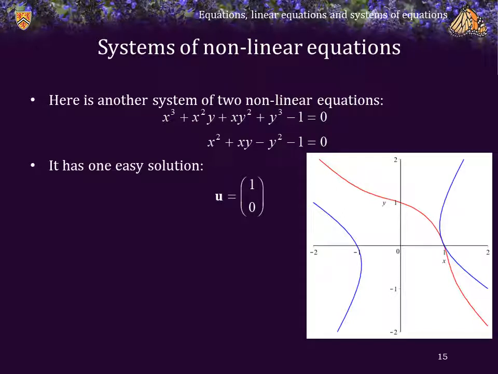There is one solution that is easy to find that is a simultaneous solution to this system of two nonlinear equations, and that is the vector u equaling 1, 0. So x is equal to 1, y is equal to 0. And we see that is obviously true if we substitute those into each equation.